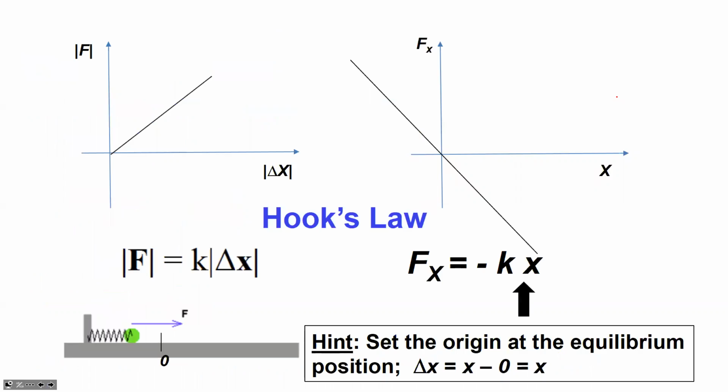Well, we need to remember that in general, we choose the origin, and we could choose it anywhere we like, but this expression is based on the assumption that delta x equals x, or x minus 0. This represents the fact that the origin was set at the equilibrium position. For almost all our problems that is always the case, but in a lab, that may not be the case. The lab will be on Monday and Tuesday.